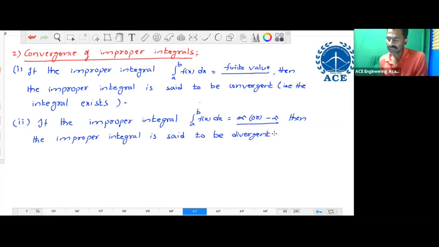The integral is said to be divergent or not convergent only.